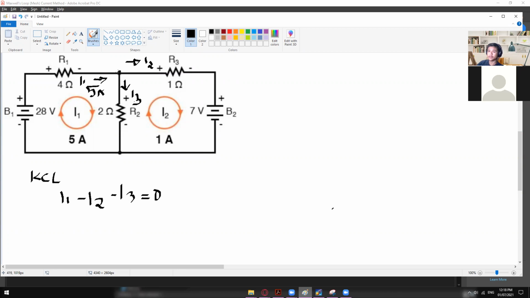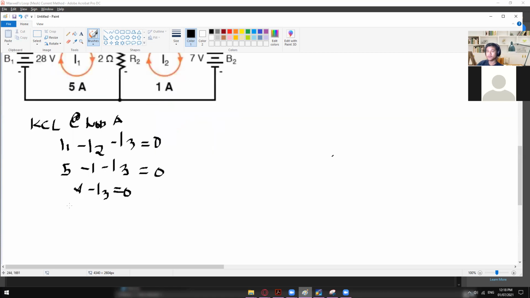So at this point, KCL at, let's say, node A. At node A, you can now put here the values of your current. So 5 for I1, and then I2 is 1 amp, and then minus I3. So 5 minus 1 is 4, minus I3 is equal to 0. So you can now transpose this one to the other side. So I3 is equal to 4 amps.